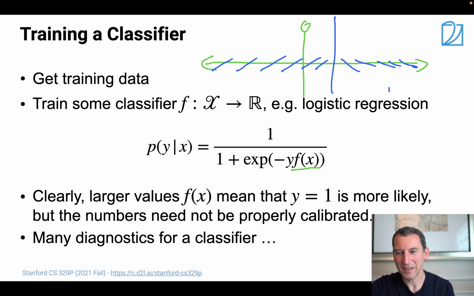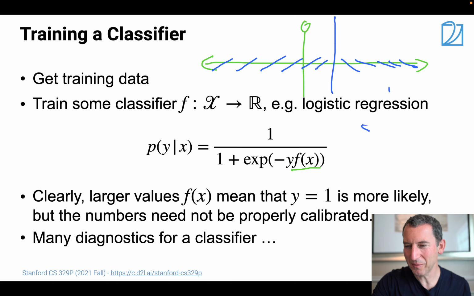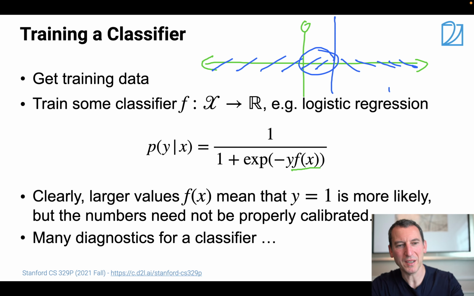But we would be getting a lot more false negatives, because in this region here there might be a lot of positives that we've now incorrectly rejected. In other words, training a classifier is only step 1. Picking the right thresholds to decide how to label things is another part.